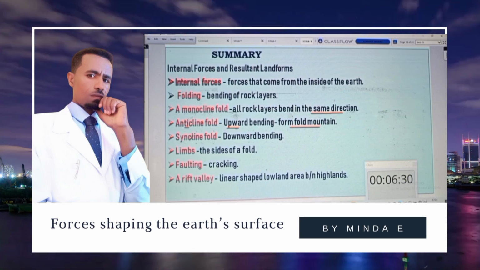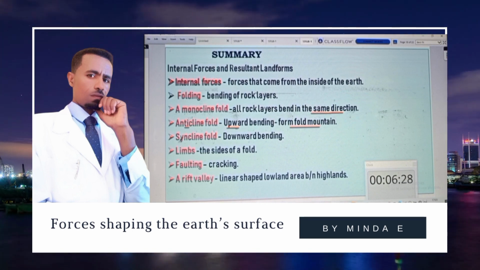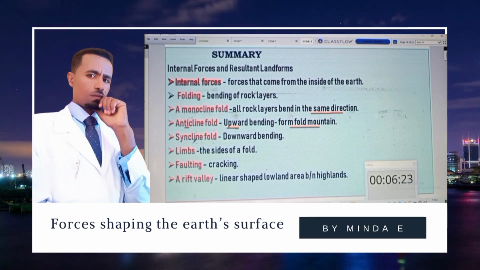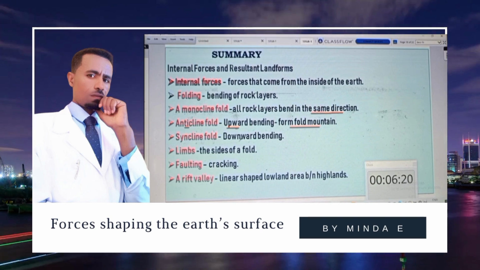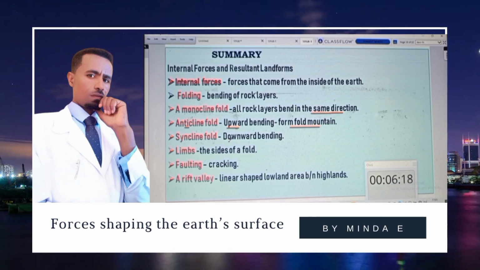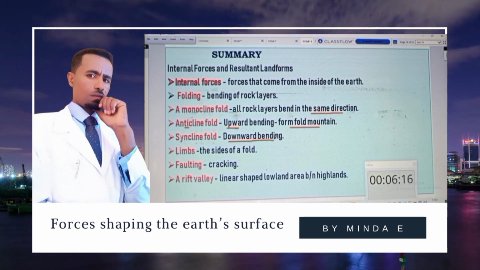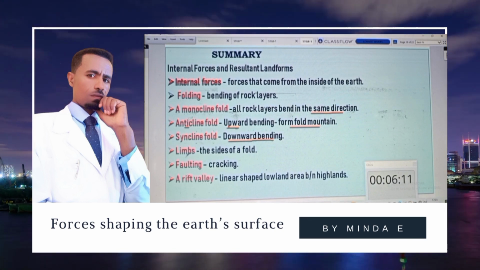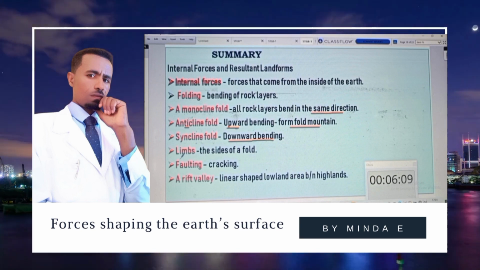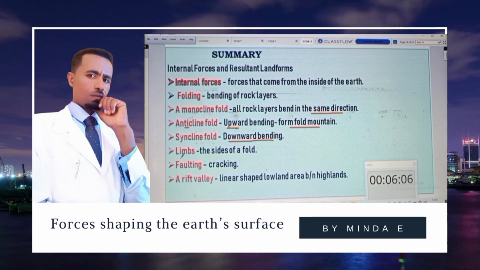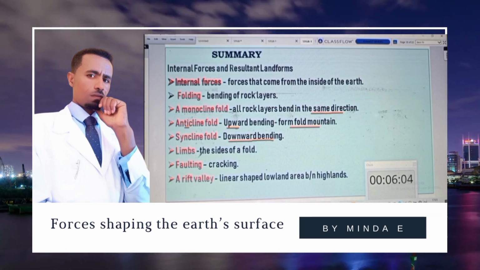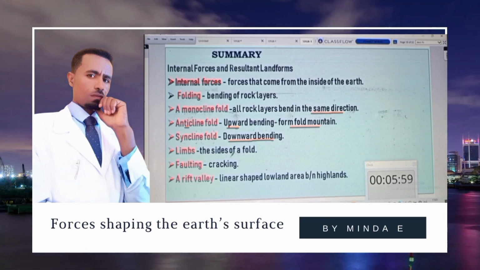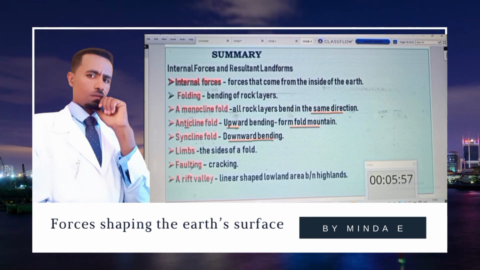And syncline is another fold type, and syncline fold is downward bending. If the land bends downward, it is known as syncline fold. Another point we have discussed is limbs. Limb means the sides of a fold.